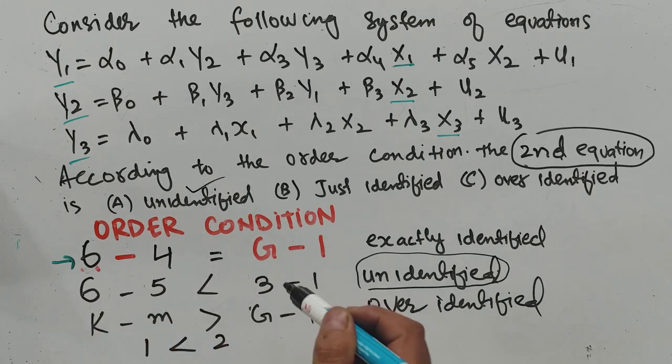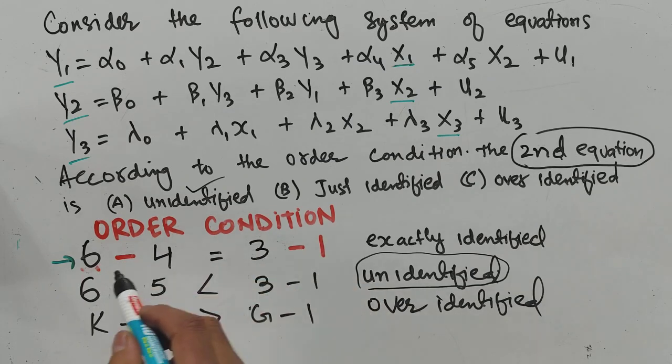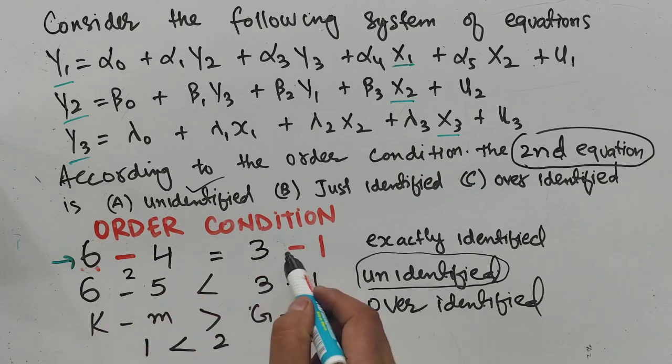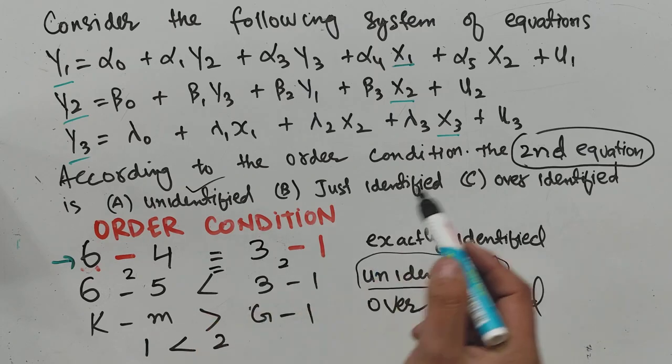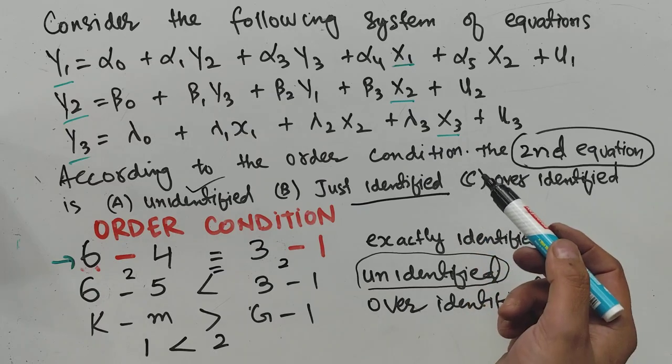So 6 minus 4 is 2, and g minus 1 is 3 minus 1, which is 2. So the second equation is just identified, or exactly identified.